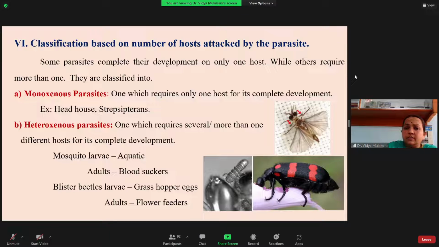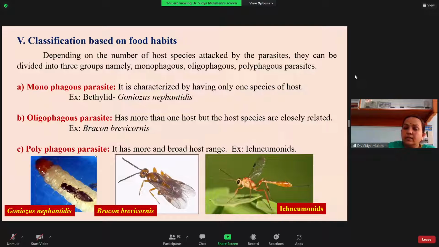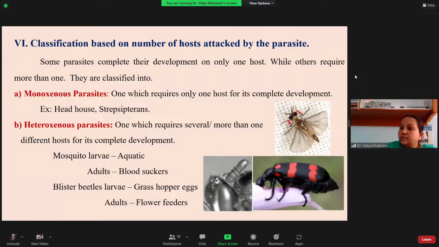Don't get confused: the previous one is the host range, but here they complete the entire life cycle on a single host. Here you see the number of hosts required for the completion of the life cycle. Monoxenous means the parasite requires only a single host for complete development. Whereas for heteroxenous, I will take the example of the mosquito.